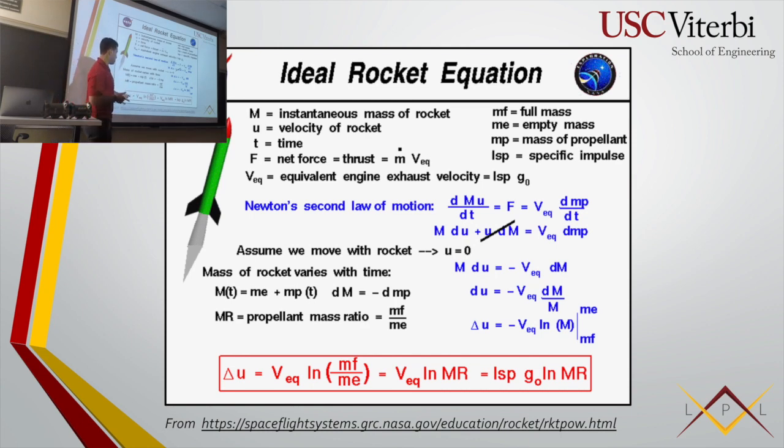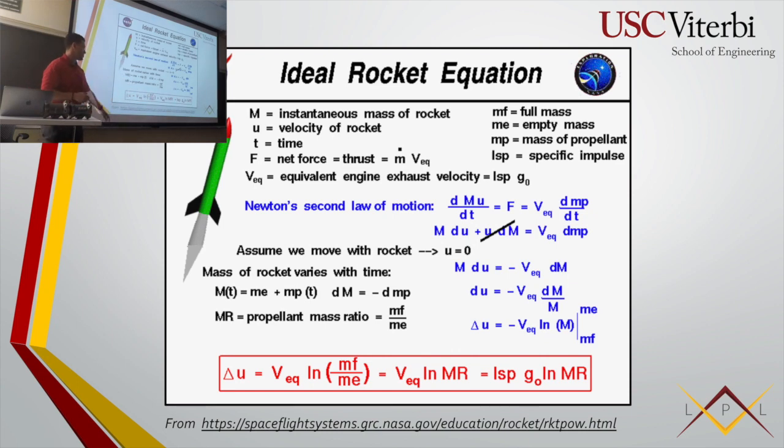From there, you can use this equation. This is your U equivalent, your equivalent exhaust velocity, and I'll go more into that in a little bit. Essentially, this is the speed of the flow coming out of the nozzle at optimum conditions, times the ln of the final mass of the vehicle over the initial.